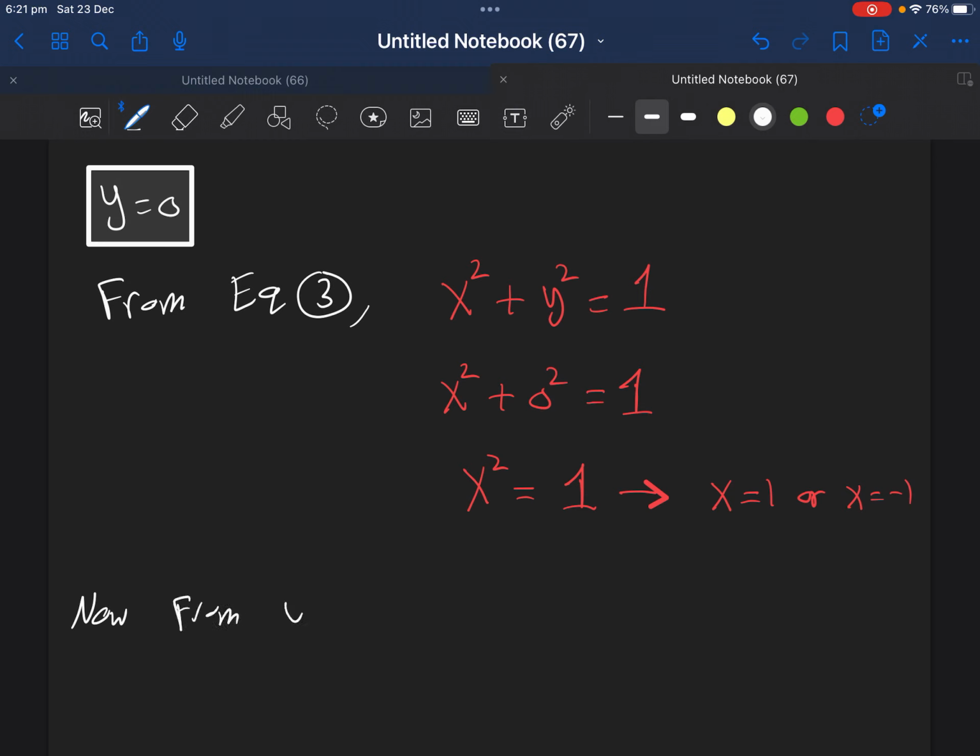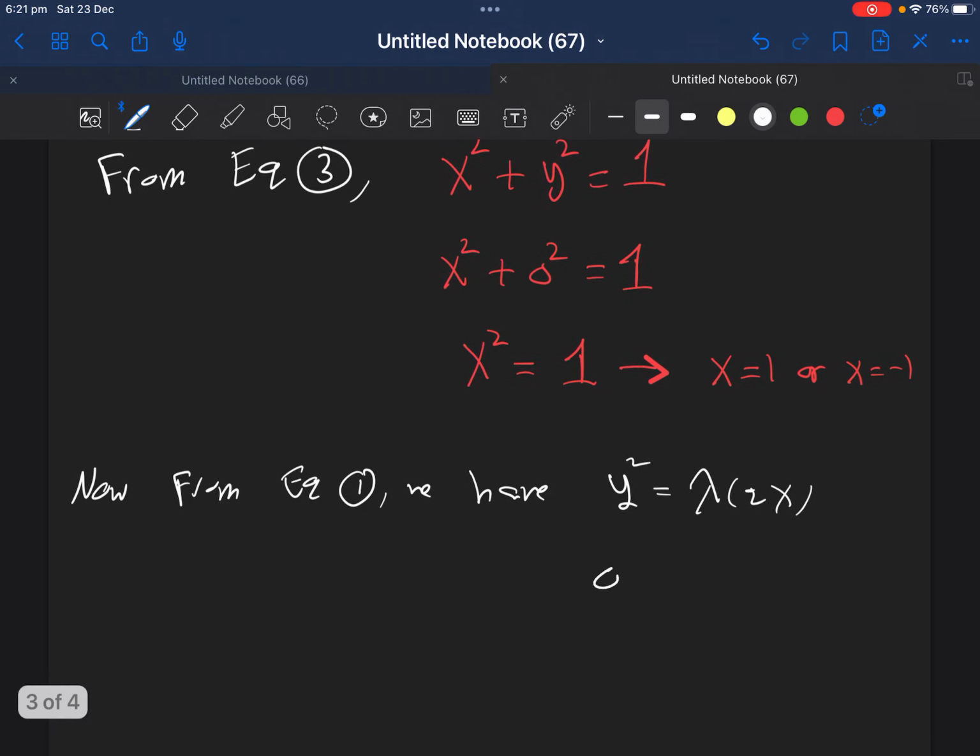Now, from equation number 1, we have y equal to lambda times 2x squared. We know that y is equal to 0, and we know that x is either plus 1 or negative 1.